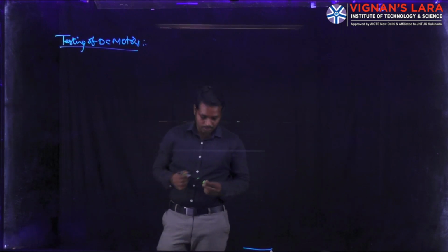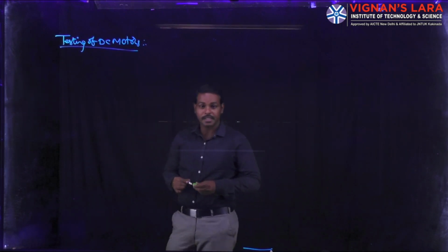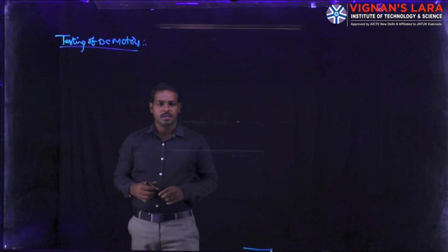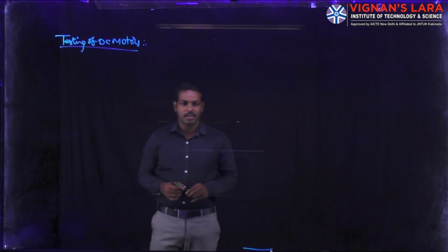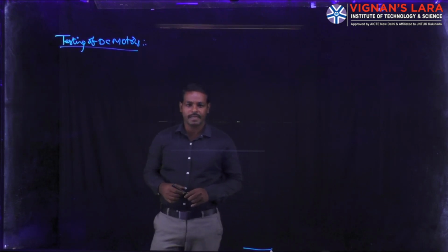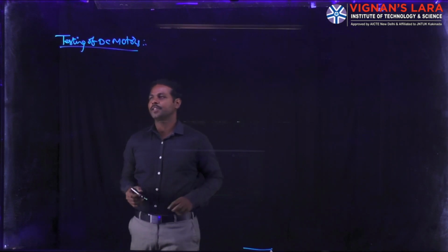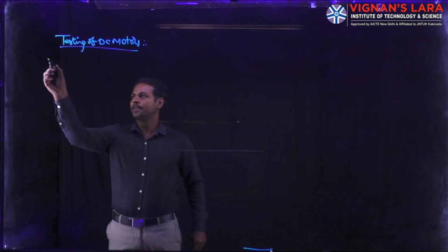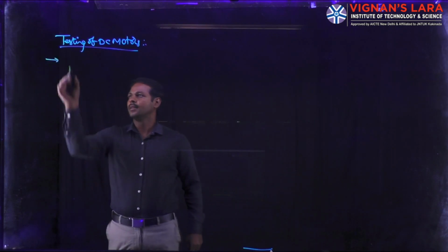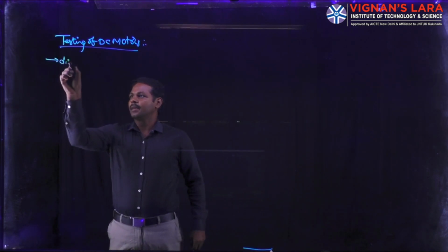So first of all, why are we going for testing of a DC motor? Because the performance of a DC motor is only calculated by testing of a DC machine. Testing of a DC machine is broadly classified into different types. One is the direct method.